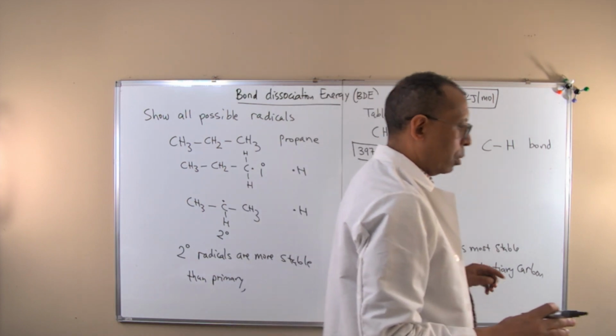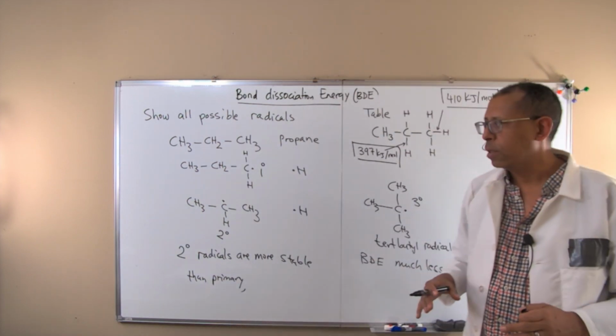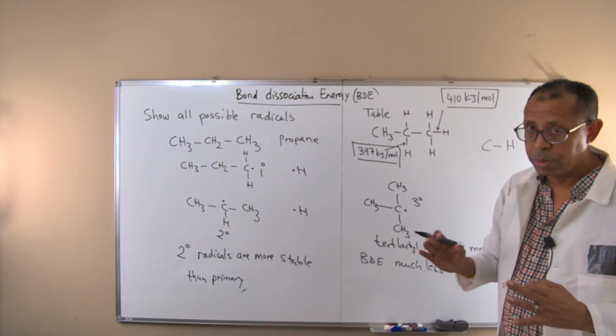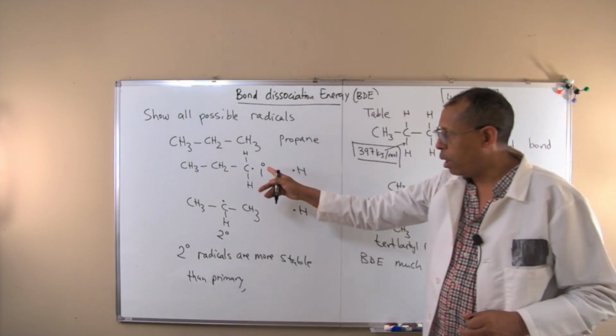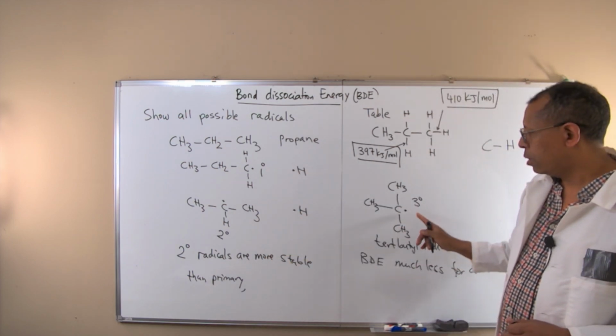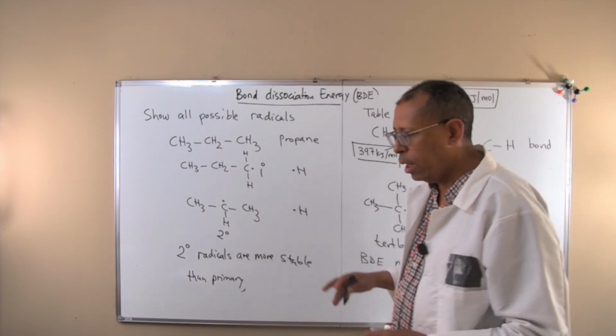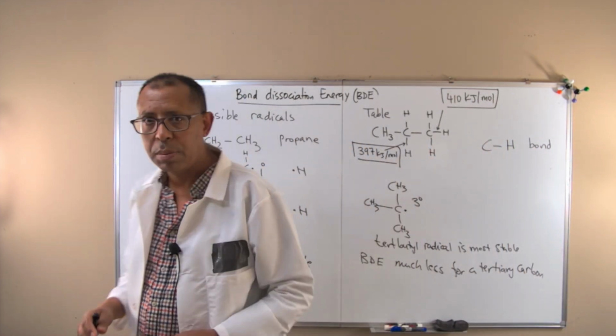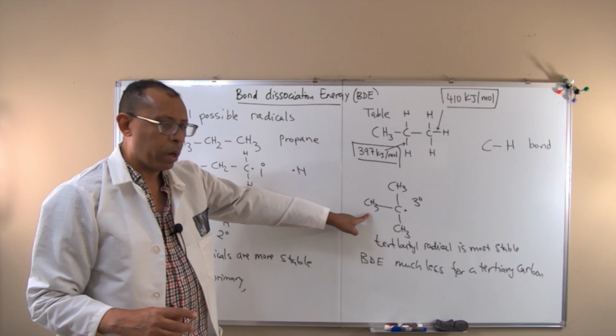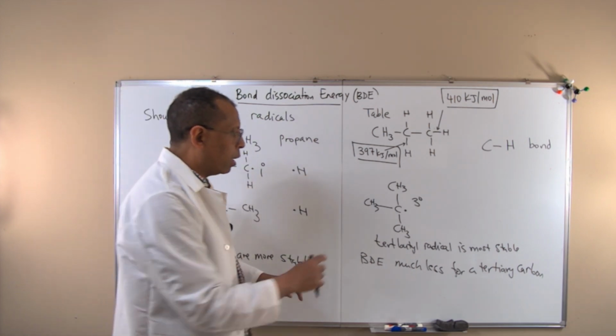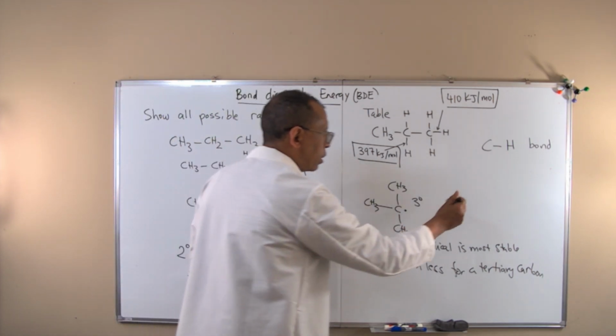So this is a tertiary radical, and I want you to remember the nomenclature. Now we have introduced primary, secondary, and tertiary radicals. The bond dissociation energy required to break a carbon-hydrogen bond on this one is much lower.